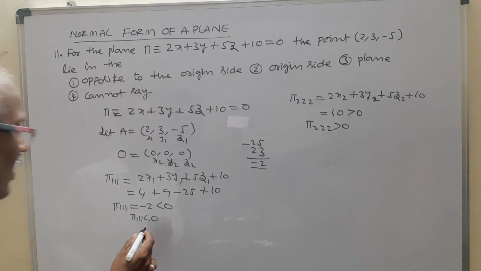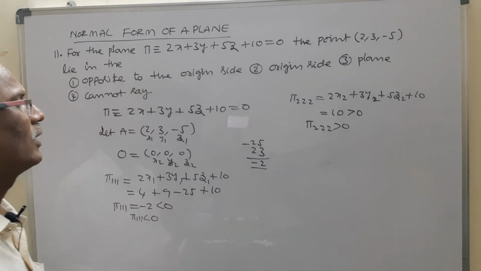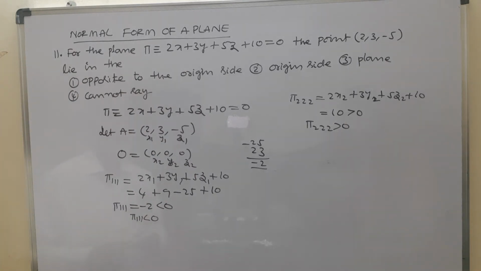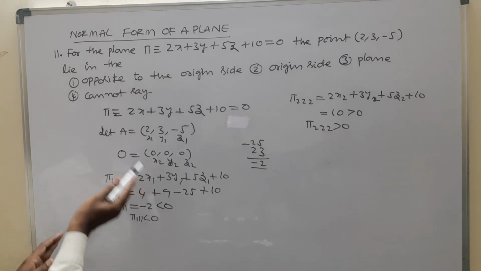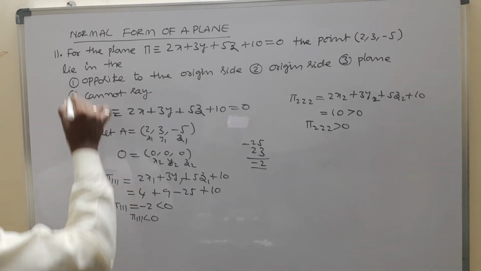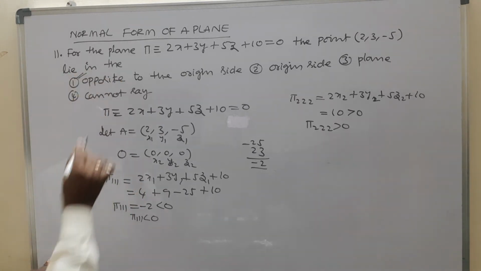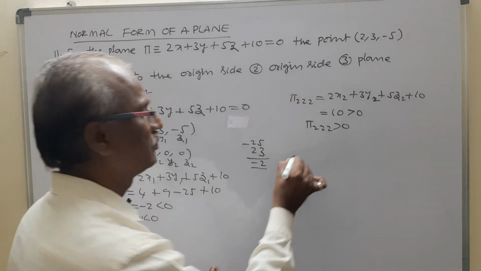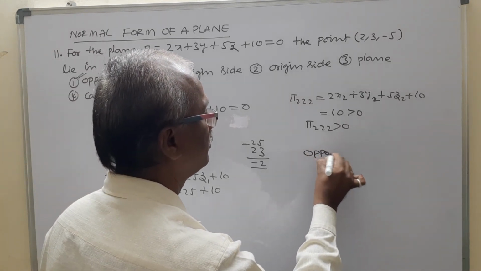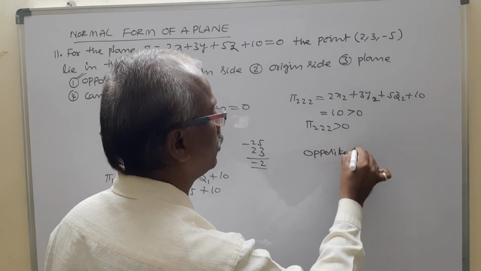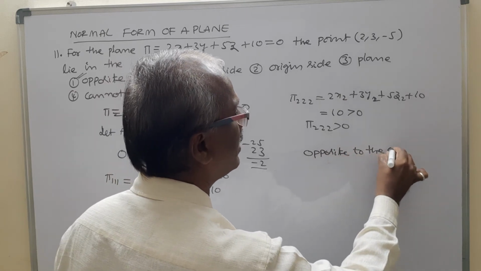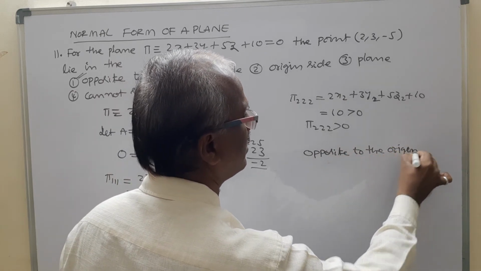Here pi triple 1 is less than 0 and pi triple 2 is greater than 0. The point A lies opposite to the origin. This is the correct option: opposite to the origin side.